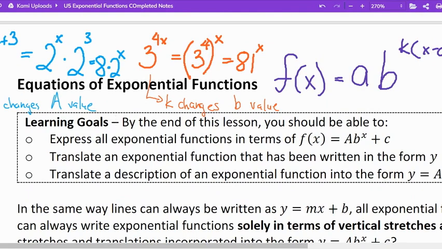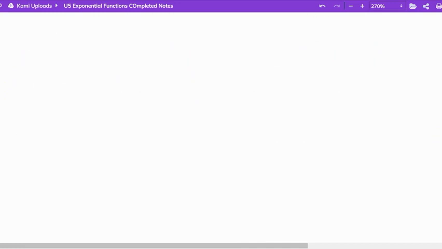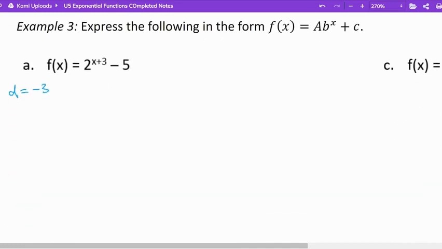So I'm kind of thinking ahead. What kind of answer am I looking for? Do you think anything will change the c value? Right? It seems like the c value just gets left behind. Interesting. And that kind of makes sense. Do you know why? What on the graph does the c value represent? The asymptote, right?